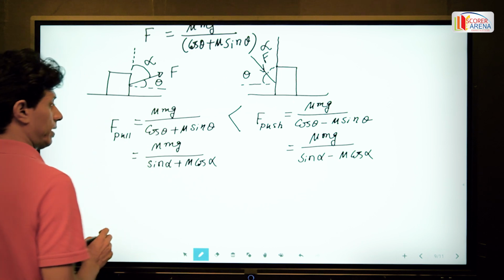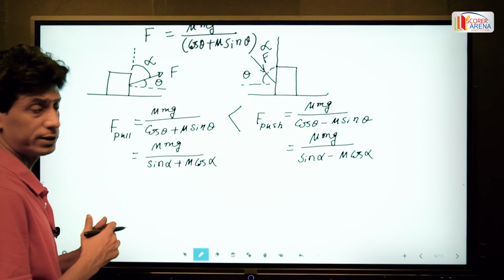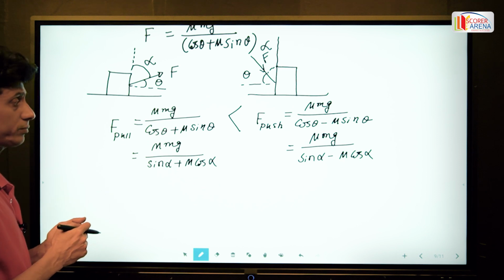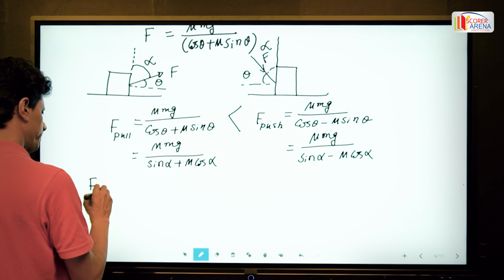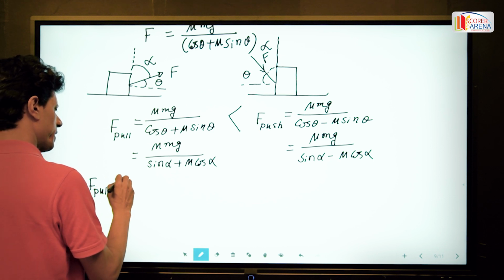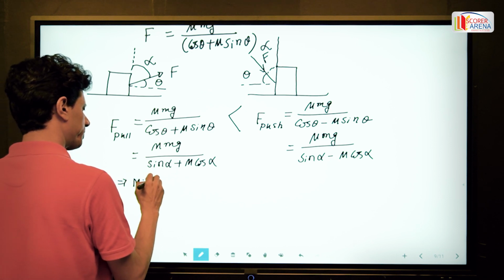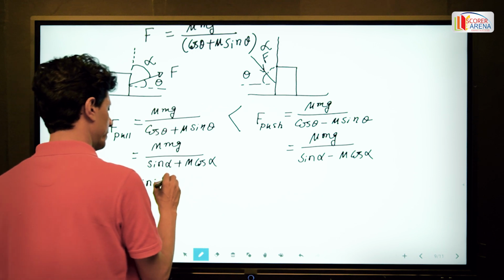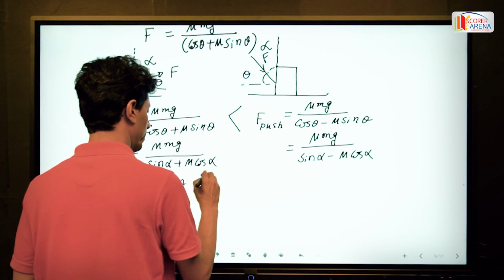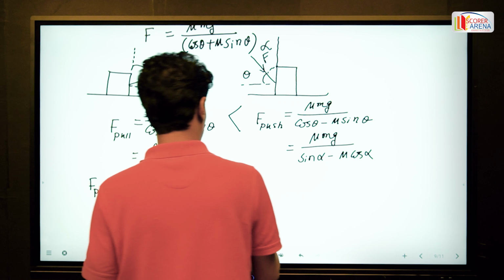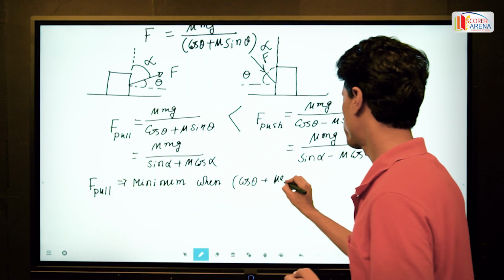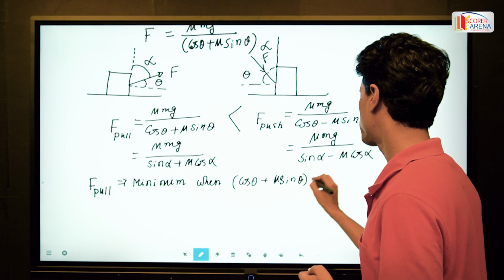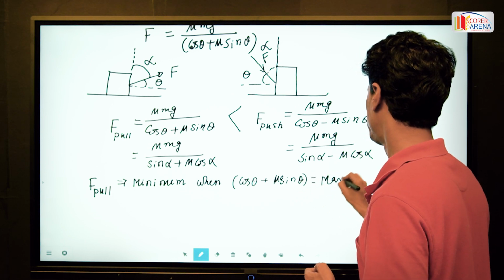But I have to further illustrate here. This pulling force is minimum when the denominator cos theta plus mu sin theta is maximum.